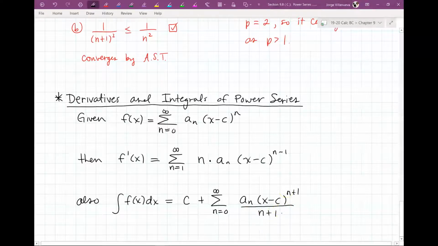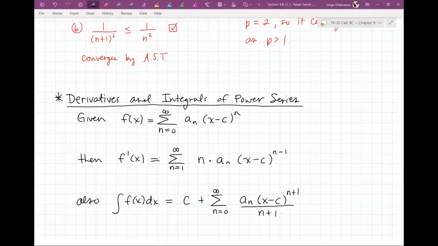But it's just like what we used to do with integration, right? If you have to integrate x to the n, you write x to the n plus 1 over n plus 1 plus c, right? They just put the c in the front here, but it doesn't really matter. But I think they do it because they don't want you to get confused with maybe should it be included in the series or is it outside the series? So they're trying to tell you it's on the outside of the series. Okay, so that's how you take a derivative and an integral.